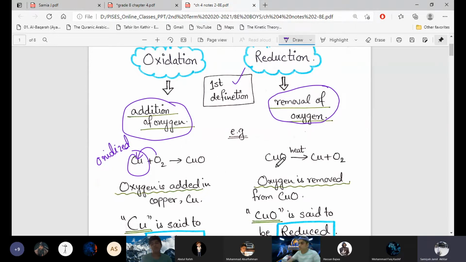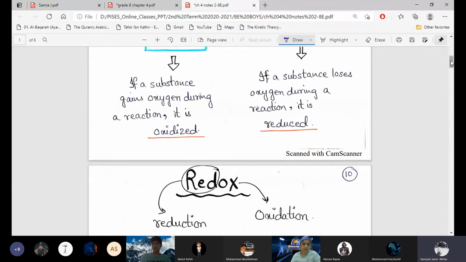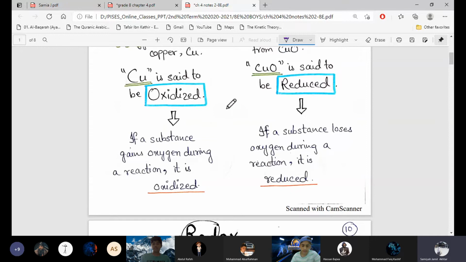The other example is copper oxide. When we heat it, it will decompose into copper and oxygen. Oxygen is being removed from copper oxide, so copper oxide is said to be reduced, because oxygen is removed from it. Copper is said to be oxidized.